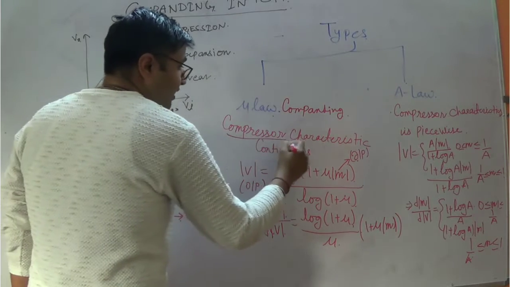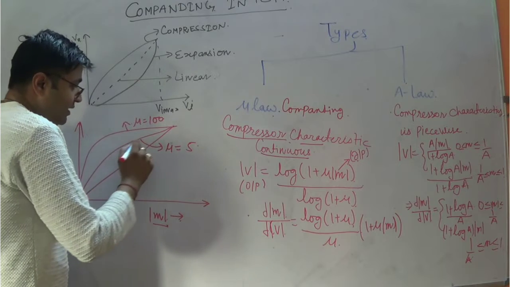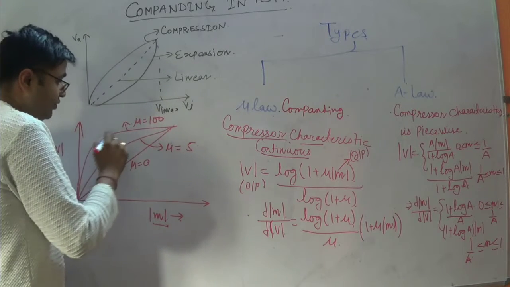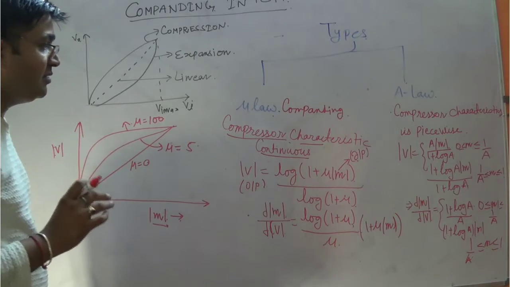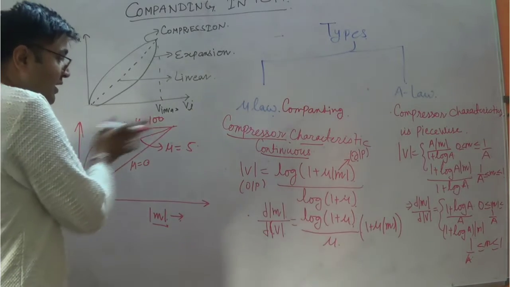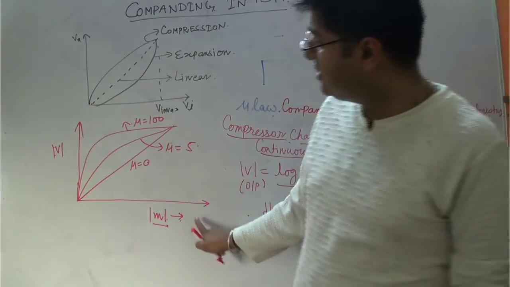This compression technique is quite continuous, continuously increasing all the time, as you can see. So the compressor characteristics are quite continuous in this method. This is the mu law.